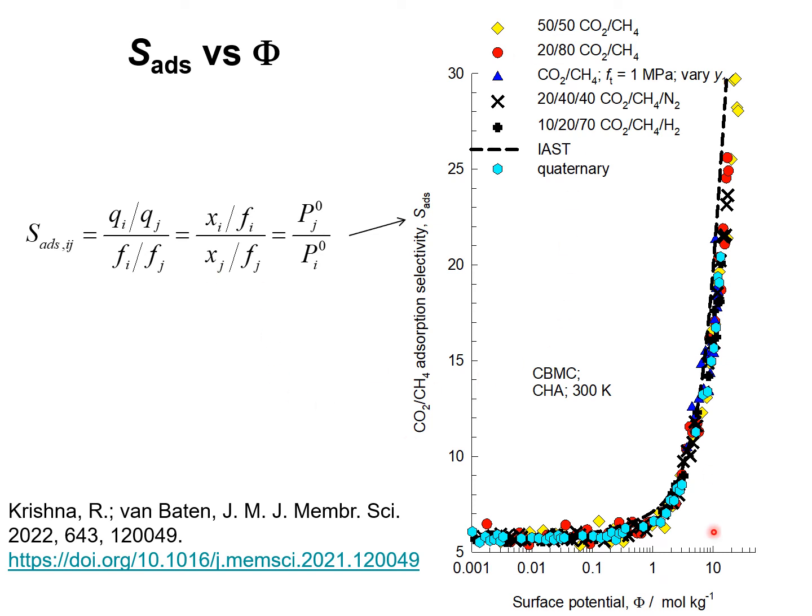The same conclusion regarding the uniqueness of the dependence of the adsorption selectivity on phi holds for CO2-nitrogen mixtures, CO2-hydrogen mixtures, mixtures of methane and nitrogen, mixtures of methane and hydrogen, and all this data is available in this publication.